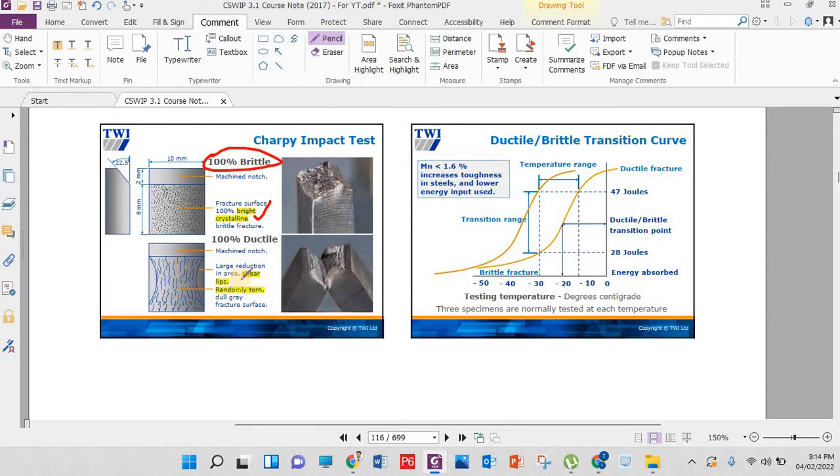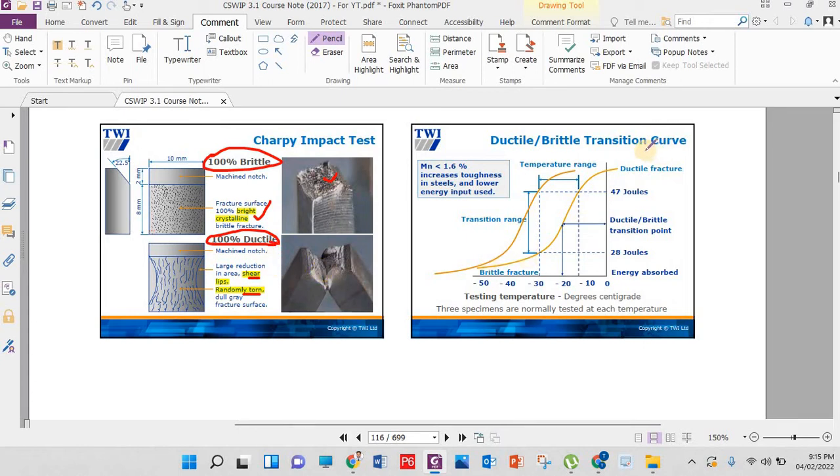If the material has shear lips or randomly torn, longitudinal lines, this material is ductile. Please remember that both these points are very, very important. Here you can see the crystalline structure. This one has some sort of flocks, lips, or tearing, so this is ductile.